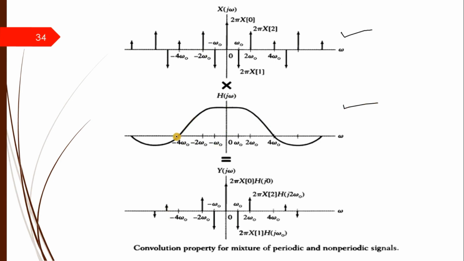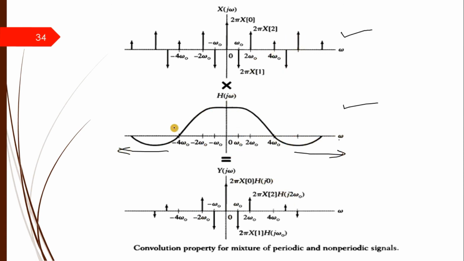As it goes to zero here, the frequency components are further suppressed. In between, it is maintained or multiplied to a higher value. But as the frequency grows, the frequency components multiplied at the input will be suppressed.